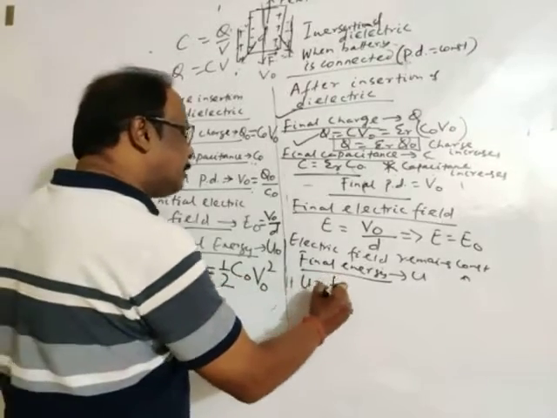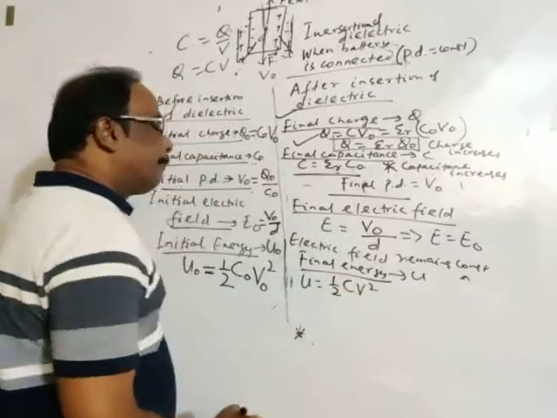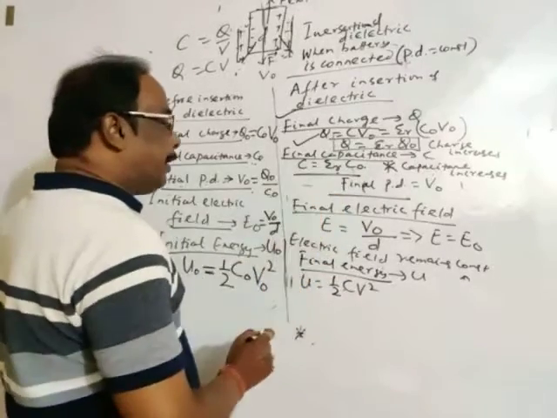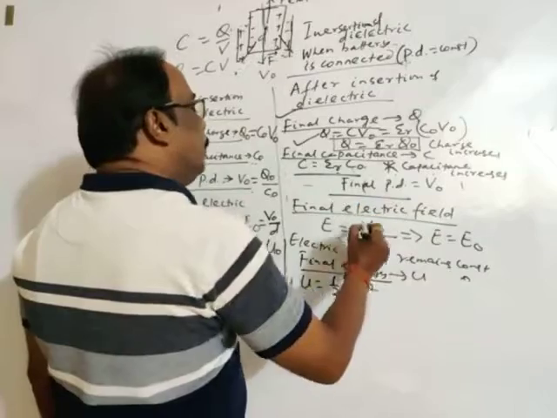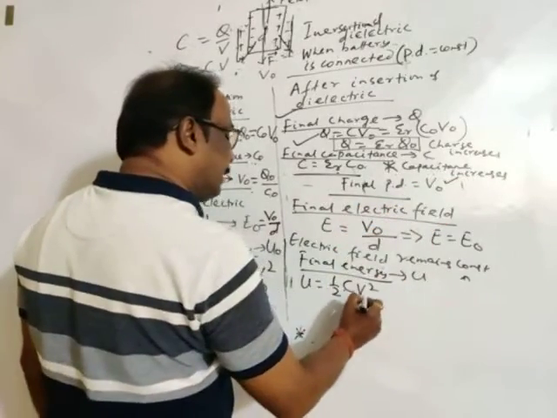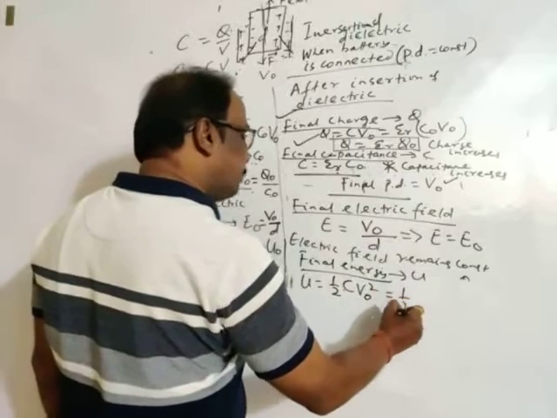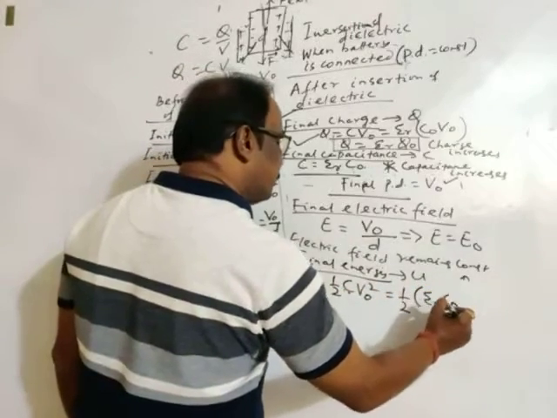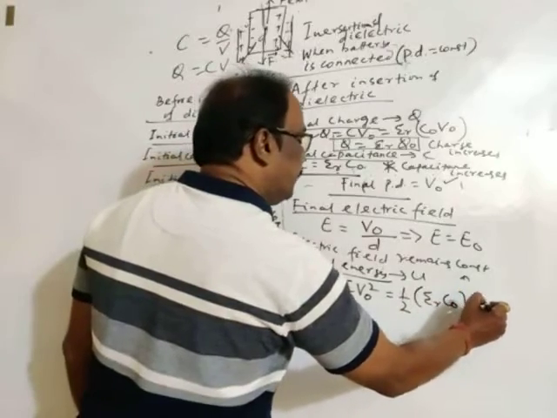And the final energy is half C V square. Final capacitance is C, final potential is V, and the final potential is also V naught. In case of C, we may write epsilon r into C naught into V naught square.